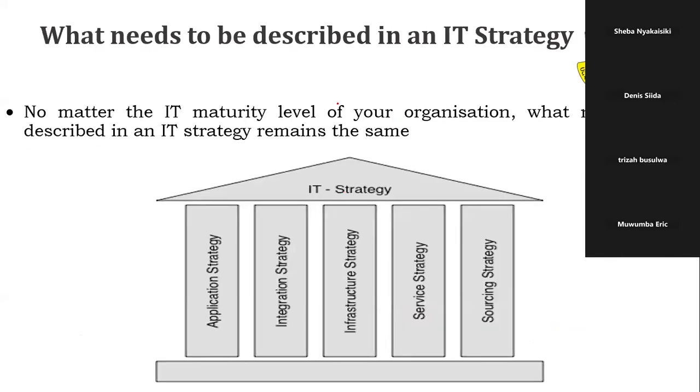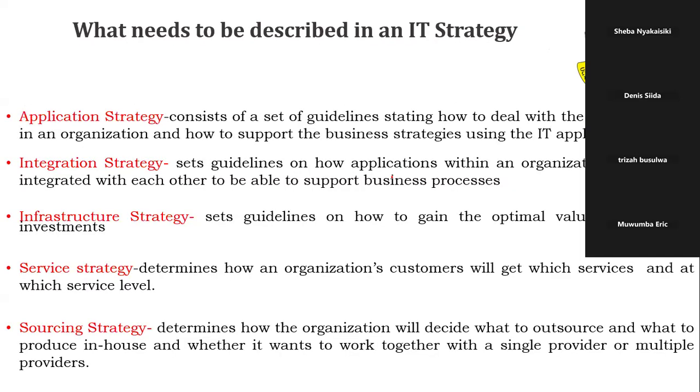Within the strategy itself, the ICT strategy or IT strategy, there are always 5 pillars. Again, this is a repeat of ICT strategy. You have the application, integration, strategy, infrastructure, service, and sourcing. So the application is looking at any IT application that the organization can use to support.